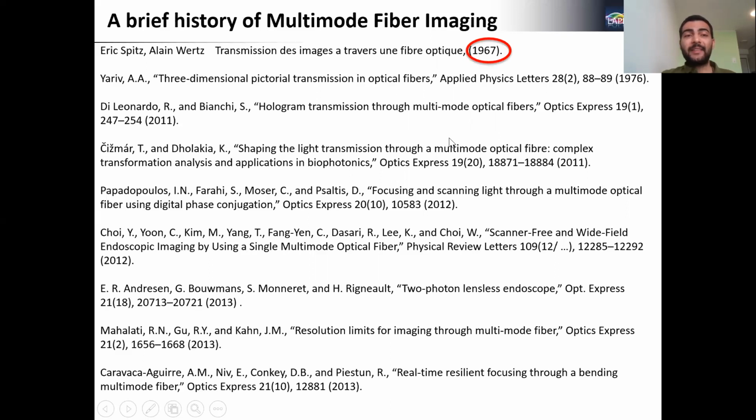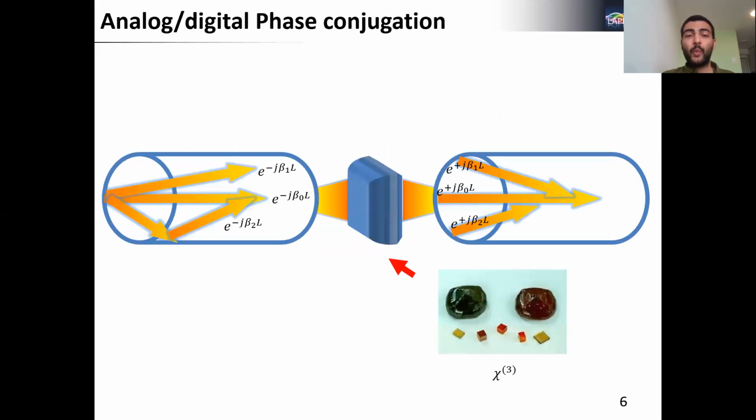And then after that, a plethora of approaches was proposed by different scientists and different groups around the globe for thinking about a way to compensate the modal dispersion. And you can imagine the pioneering work of Yariv, in which he wanted to take advantage of the nonlinear effect using a crystal, and using that effect for phase conjugating the information at the output.